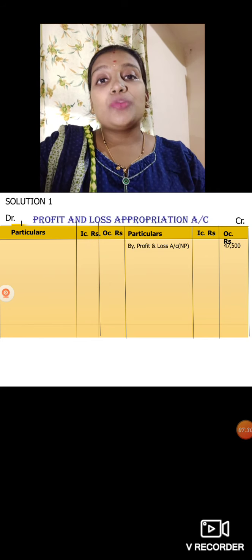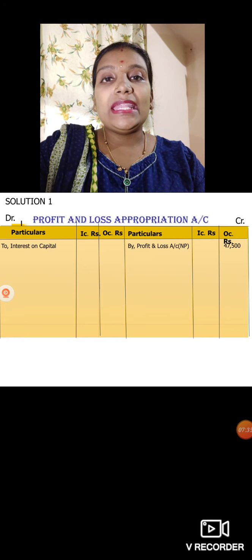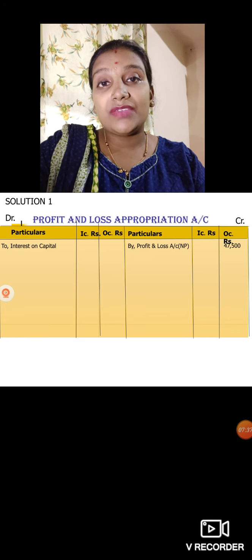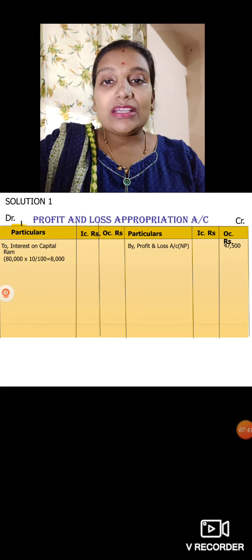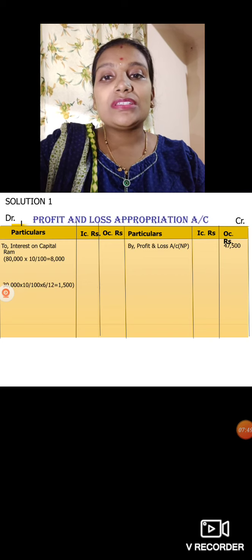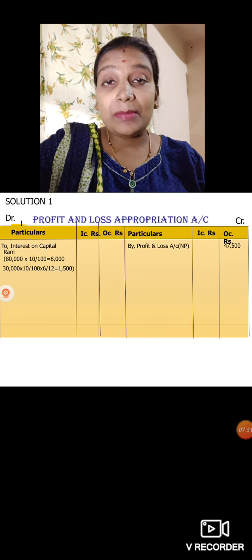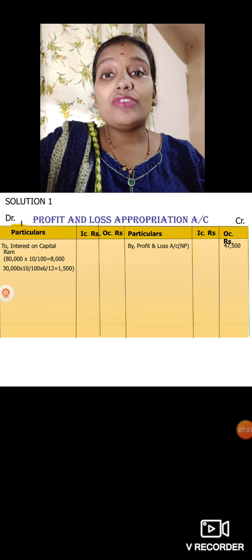Now we have to pay them interest, so this will be debited as interest on capital. How many partners do we have? 2. First we pay Ram. His first capital is 80,000, and 10% on that is 8,000. He brought additional capital of 30,000, so on 30,000, 10% for 6 months.